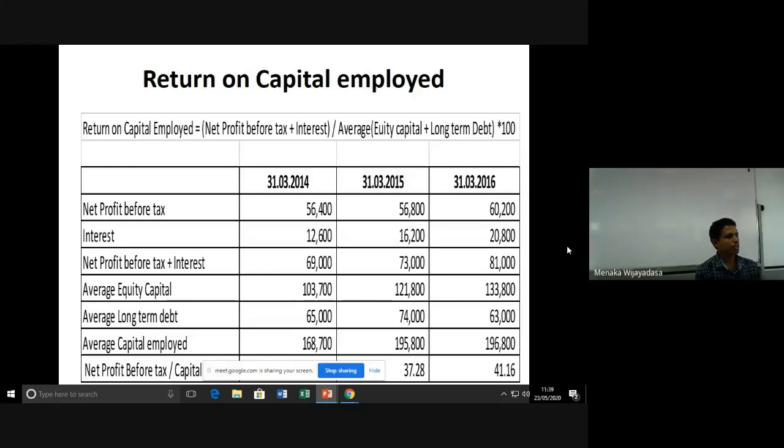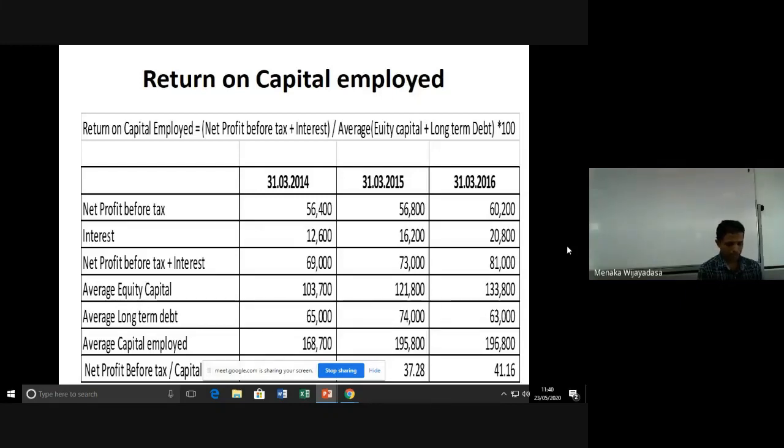Similarly, you can calculate the average long-term debt capital in 2015. I will explain. Now the answer is 74,000. How do you get an answer of 74,000? You take the beginning of 2015, that is the ending of 2014, the long-term loan balance is 80,000.